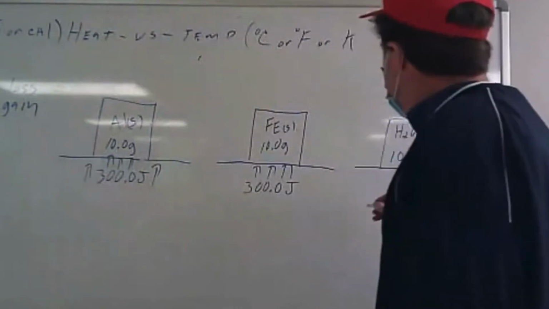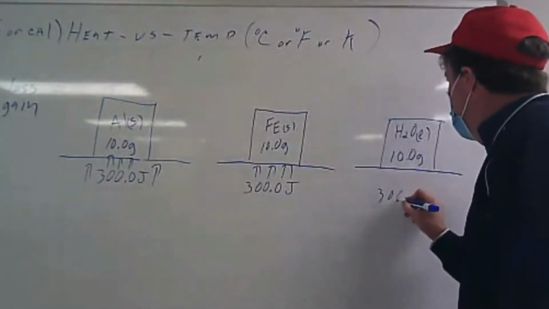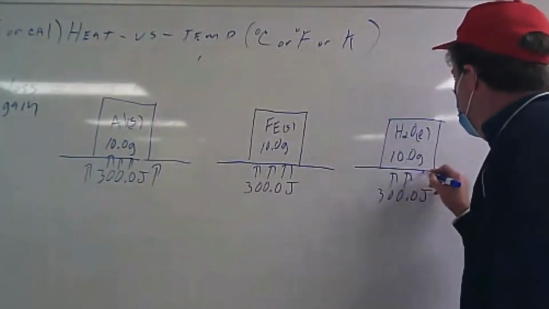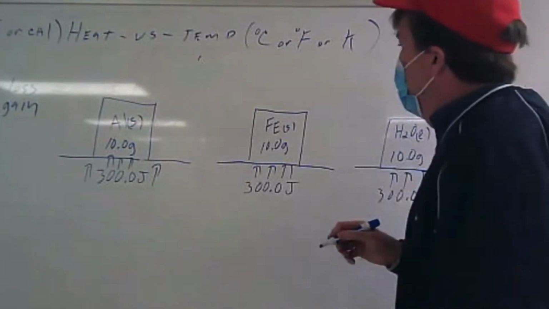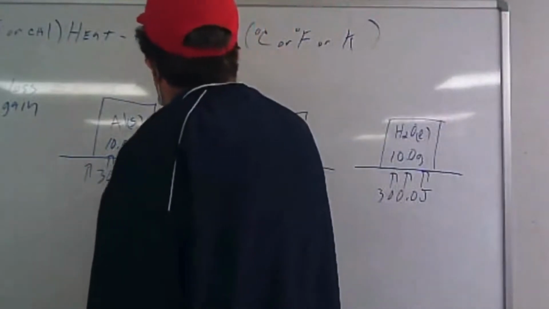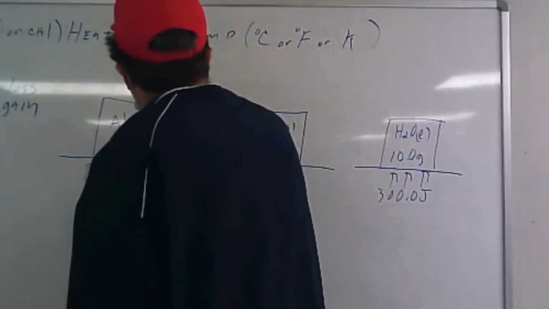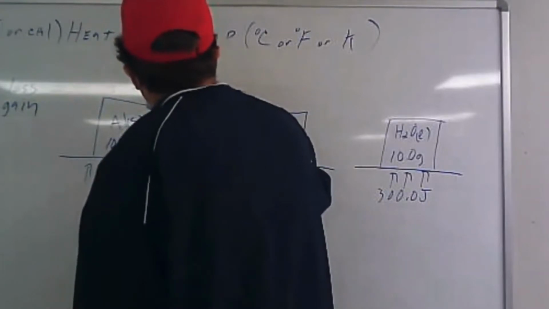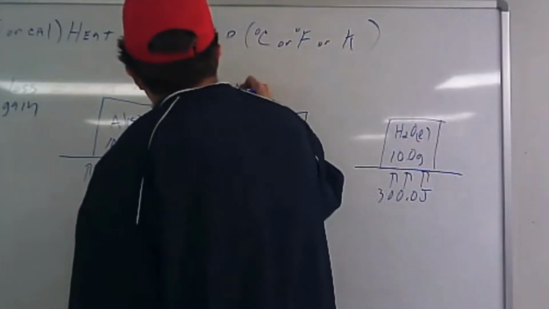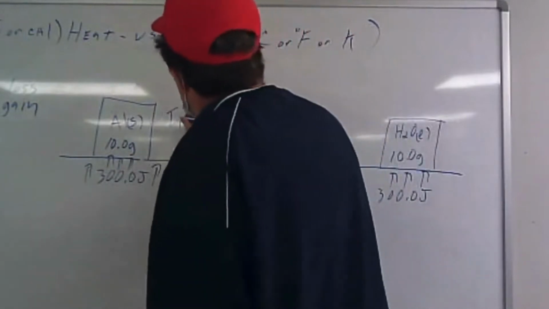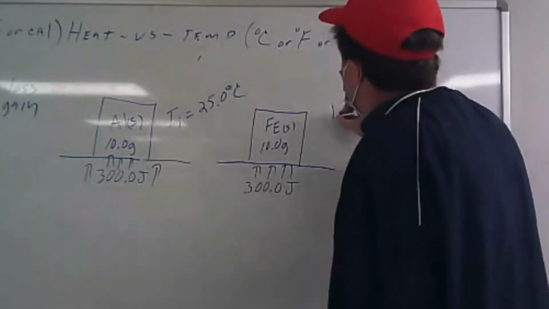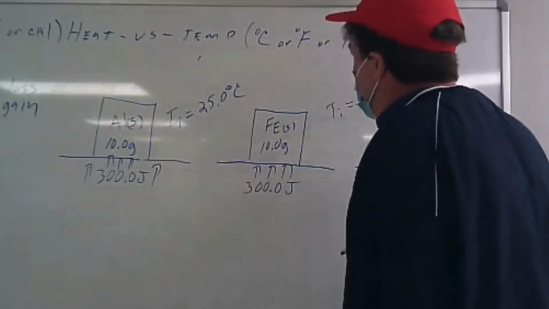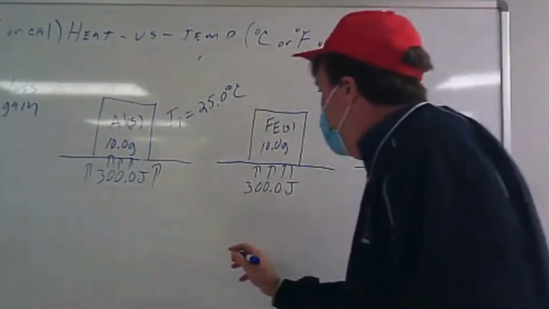Okay, let's add 300.0 joules of heat. Starting temperature, T1, is the same for all, so let's go with 25.0 degrees C. So T initial equals 25.0 degrees C.